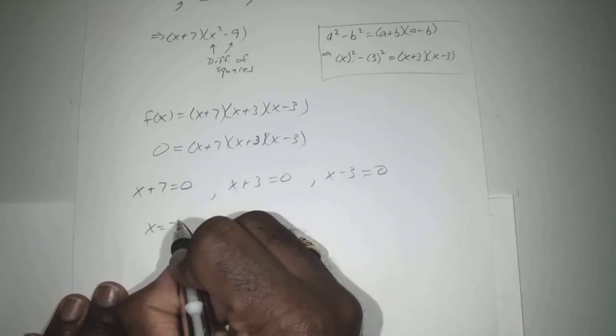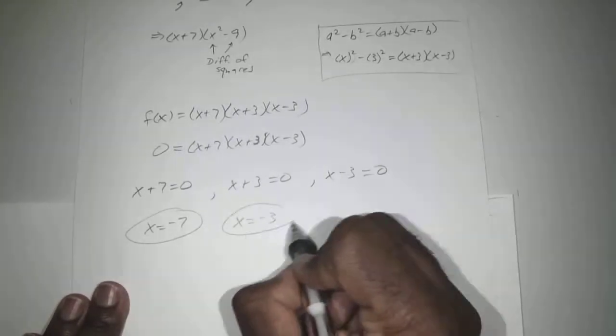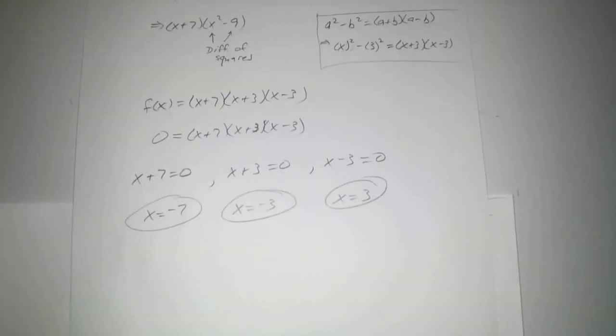So you have negative 7, negative 3, and our positive 3. Okay? Remember, you're just going to leave it like that when they ask for the zeros. Okay, so any questions on that one? All right, leave that up for a few seconds.